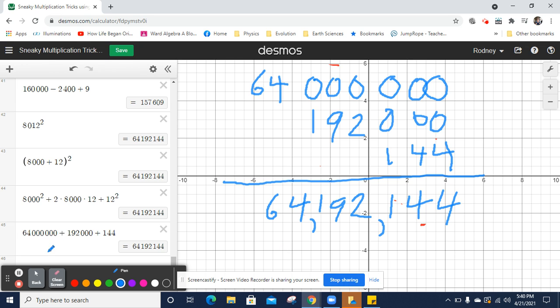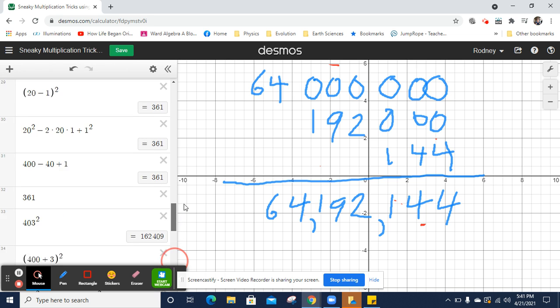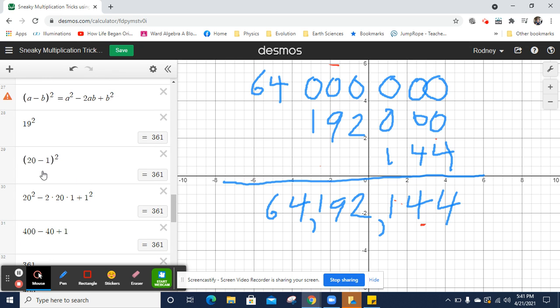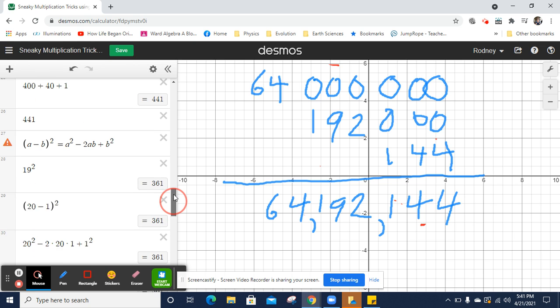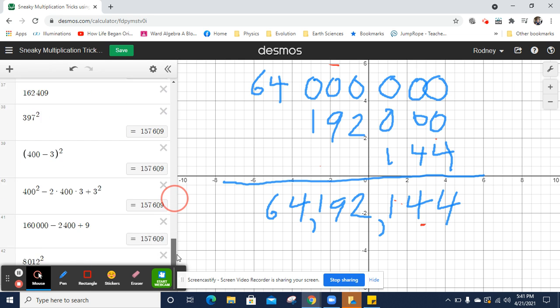In general, what you're going to want to do is take a look at a number, and think, okay, how can I break that number down into 2 parts, maybe a sum or a difference, and have those 2 parts be numbers that are reasonably easy to work with? Okay, so that's for the perfect square.